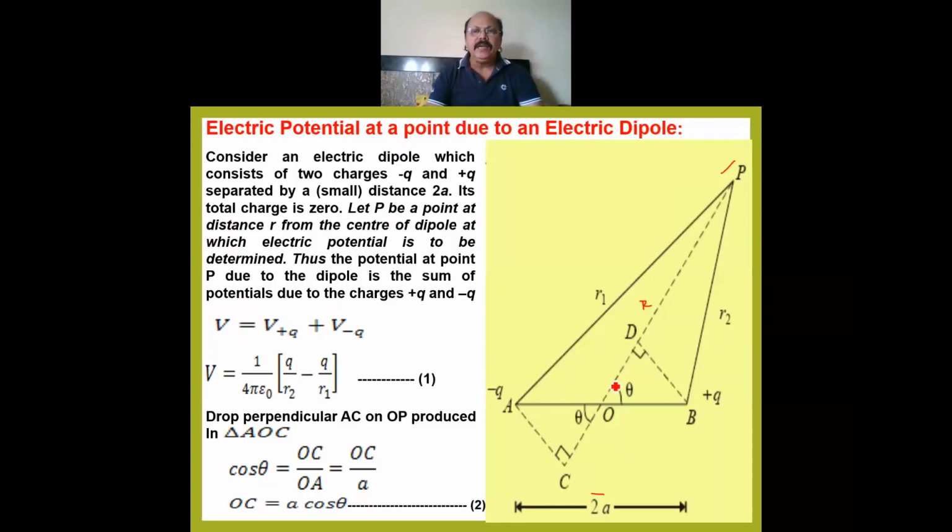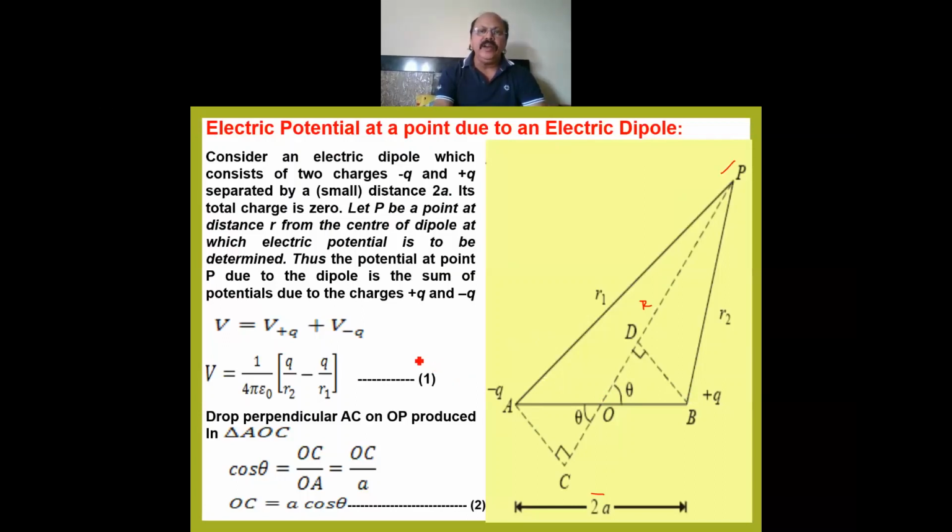Since electric potential is a scalar quantity, the electric potential at point P is the algebraic sum of the potential at P due to plus q charge and due to minus q charge.